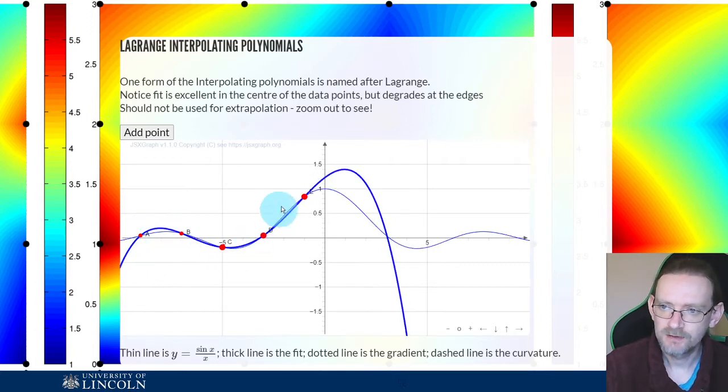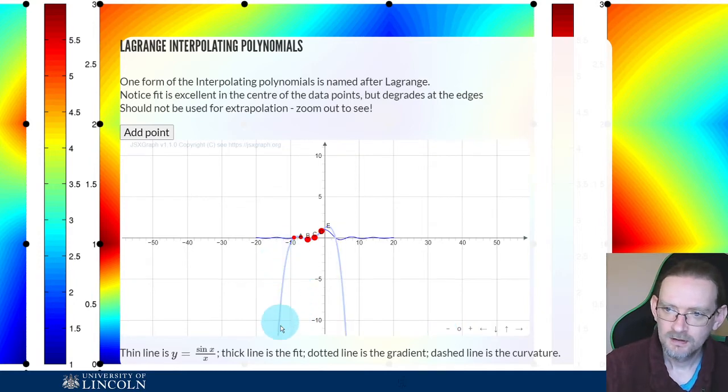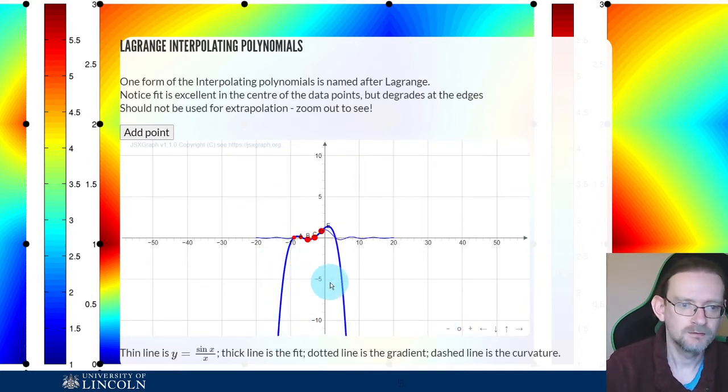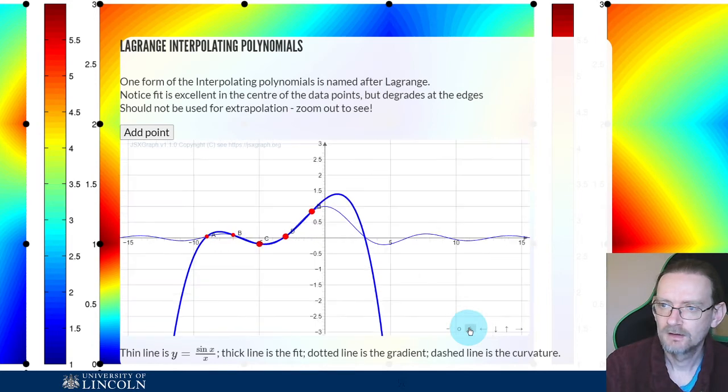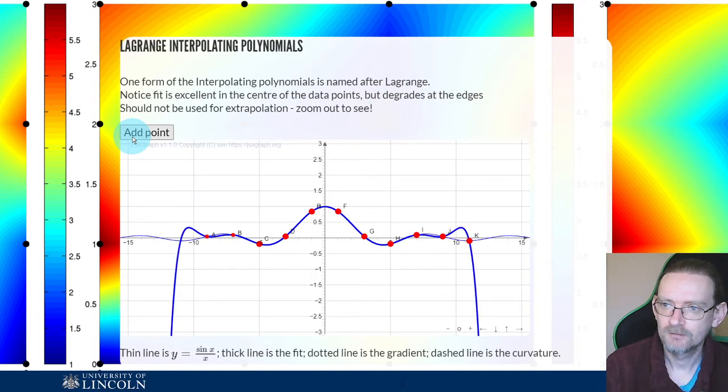And what you see is we get a nice fit to the function between the values, but if we look further away, extrapolating this function based on this polynomial interpolant would not be a very good idea. And things get worse the higher order we put in.